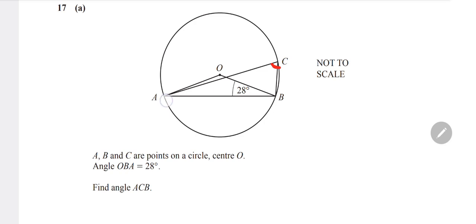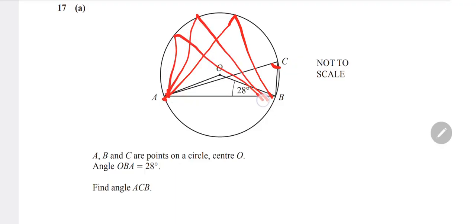So always remember, any angle subtended at the circumference of the circle is always half of the angle subtended by the chord at the center. This is the chord and there are two radii. So whatever the result of this angle, just take half of this.